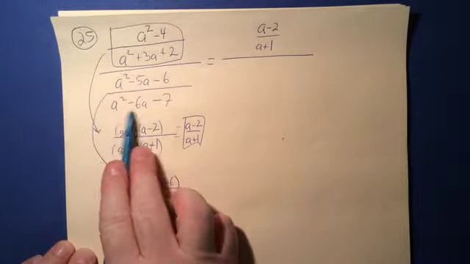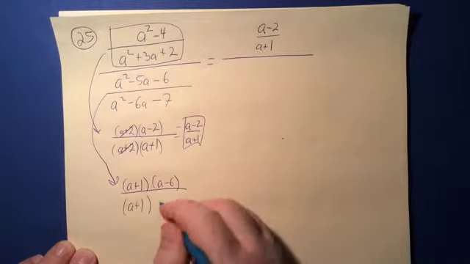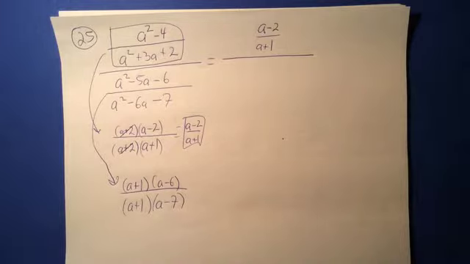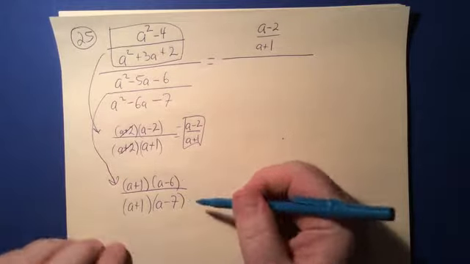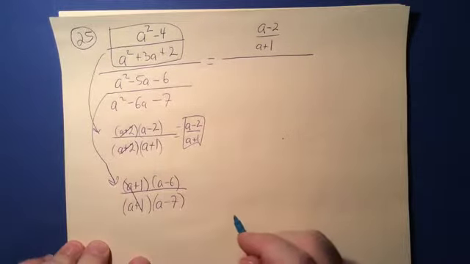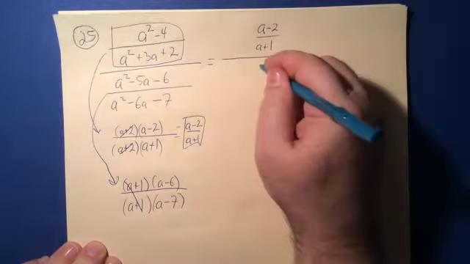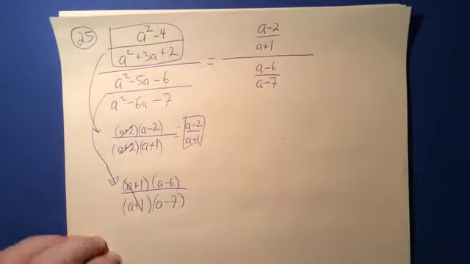For the bottom one, a squared minus 6a minus 7, it's going to be a plus 1 times a minus 7. So in these two factors for the top and the bottom, we can reduce a plus 1, and now I can rewrite this rational expression as a minus 6 over a minus 7.